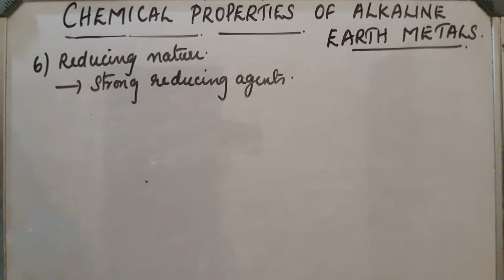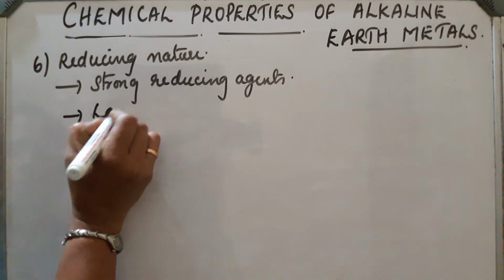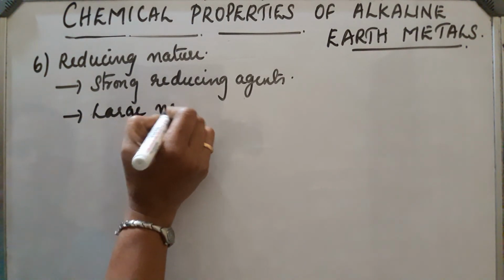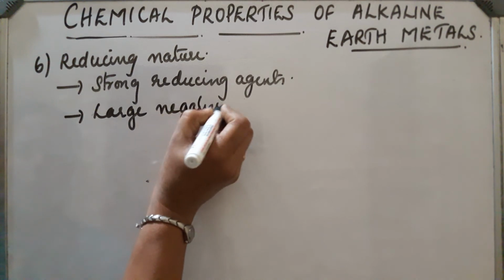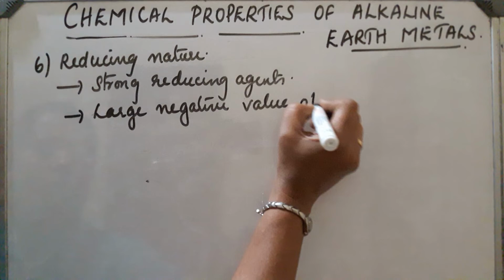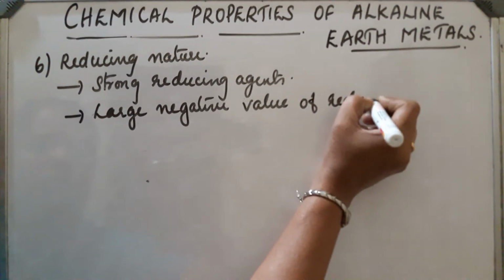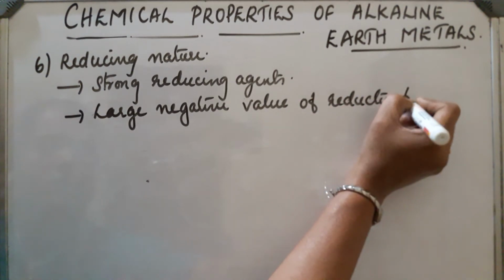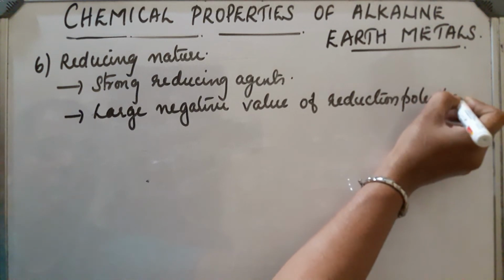So all alkaline earth metals are strong reducing agents, and this reducing property is less than that of alkali metals. This is due to their large negative value of reduction potential.